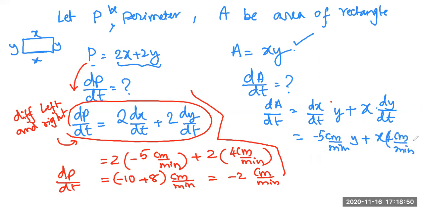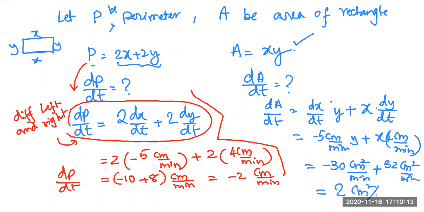Now I have to substitute x and y. X is 8, Y is 6. So you'll have minus 30 centimeters squared per minute, plus x is 8, so 32 centimeters squared per minute. So you will have 2 centimeters squared per minute as the rate of increase of the area of the rectangle. So that's the seventh question.